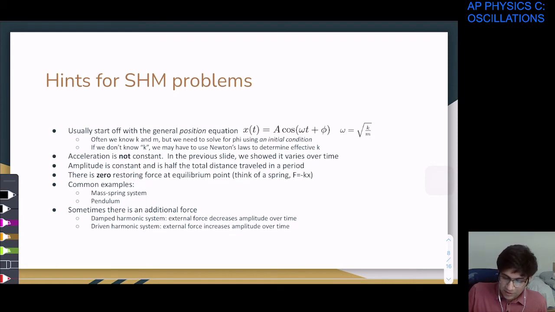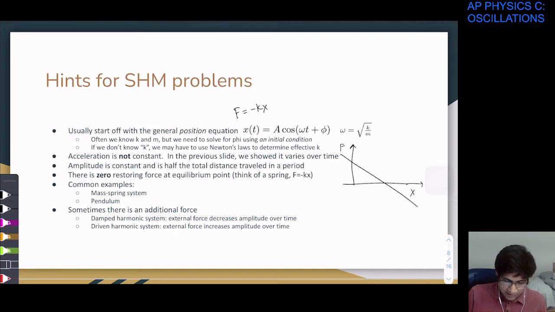Maybe you're given a graph of F and position, the force applied to an object and the position, and you have to use the fact that F equals minus KX, and use the slope to figure out what K is. Maybe that's a possible question for part A, and then part B is to use that K in your equation.